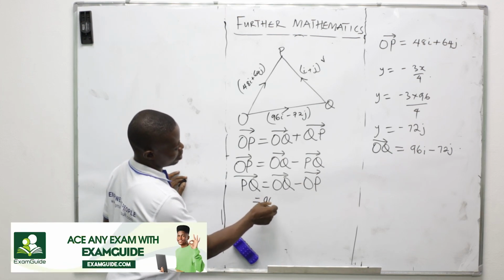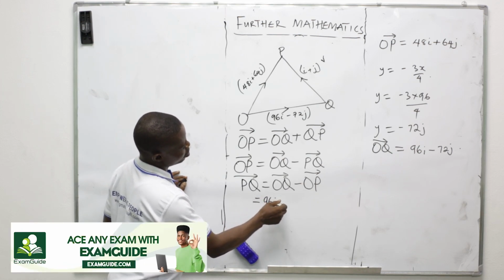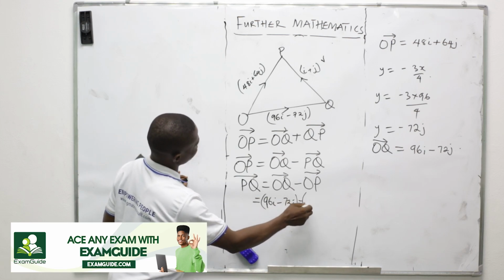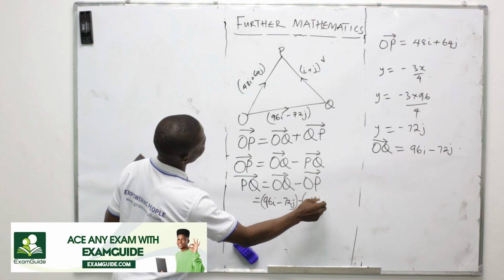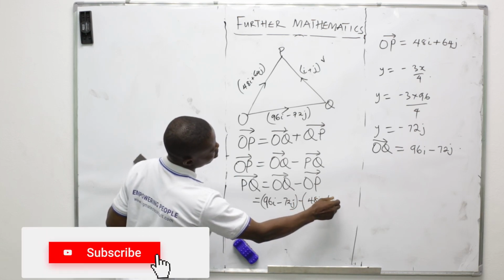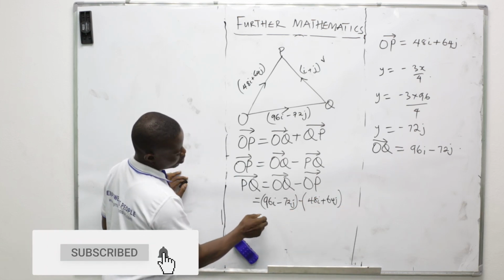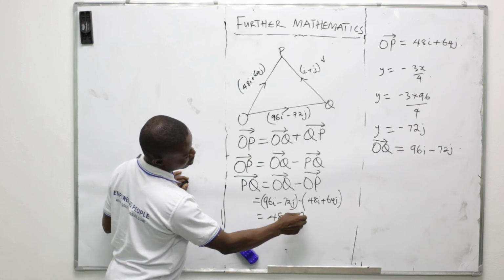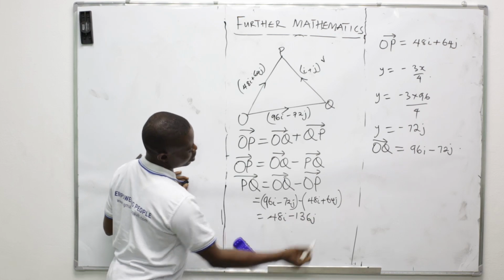So what do we have? OQ, 96i minus 72j minus bracket 48i plus 64j. This will give us 48i minus 136j.